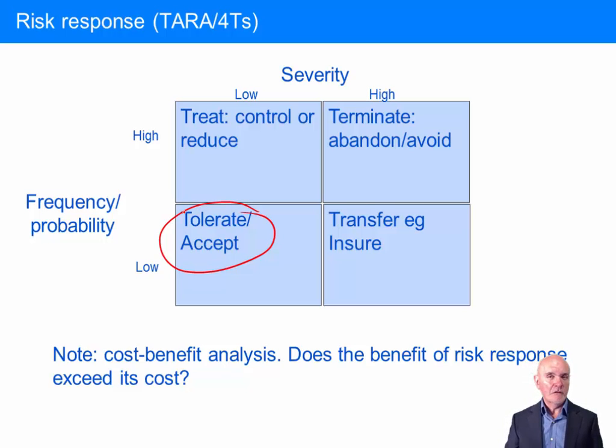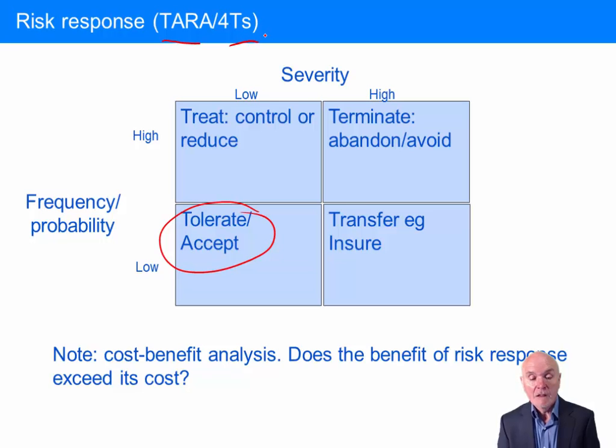Why would you spend an awful lot of management time worrying about it? So the CIMA response is TARA in here. It's also known as the 4 T's. In terms of the CIMA response, this would be accept. In terms of the 4 T's, it would be tolerate.